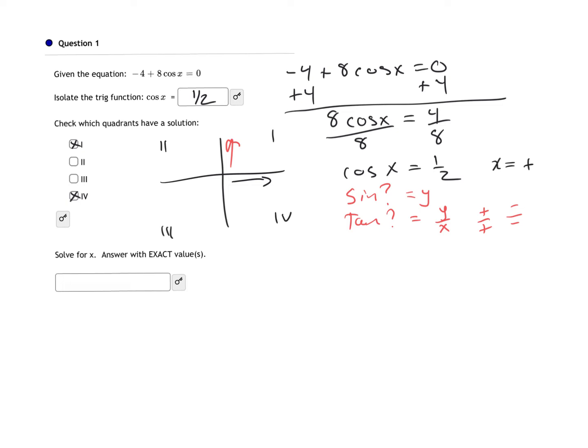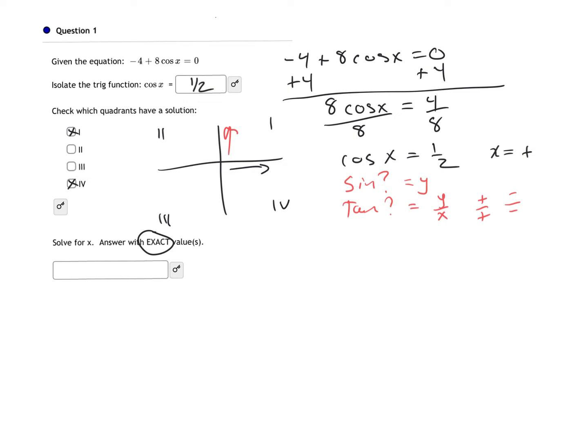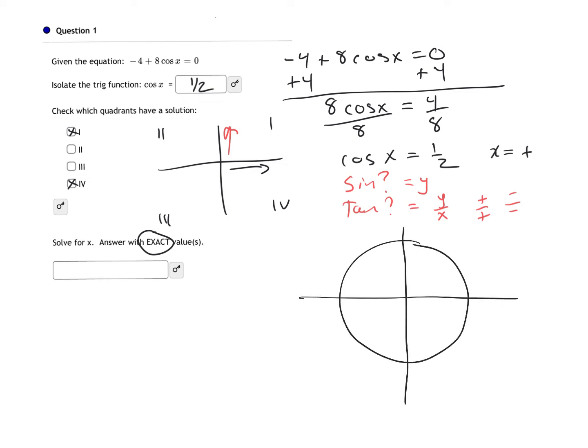So once you know which quadrants it's in, then we need to actually solve. Because it's asking for an exact value, that means we have to look at the unit circle. When we look at the unit circle, we have to say where is x, because cosine is x, equal to 1/2. Well, x is equal to 1/2 here, and x is equal to a positive 1/2 down here.